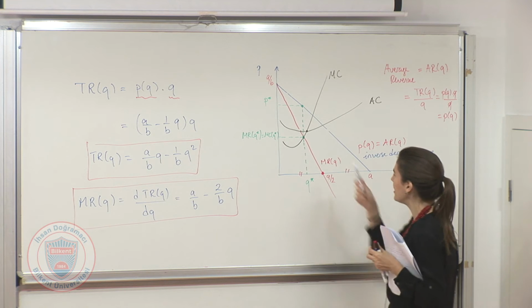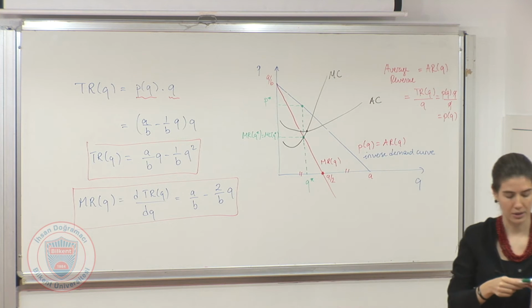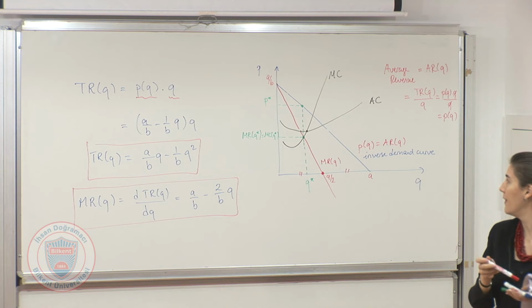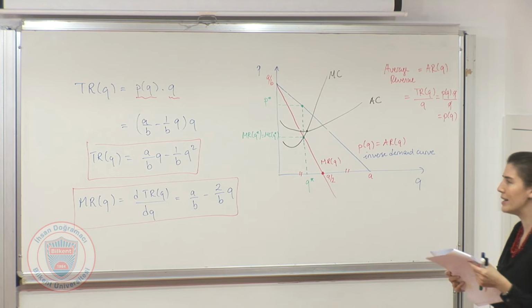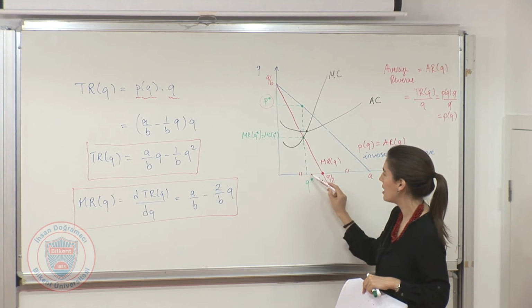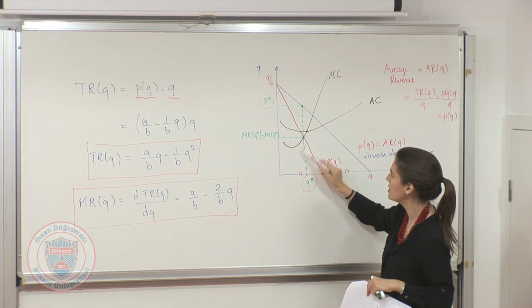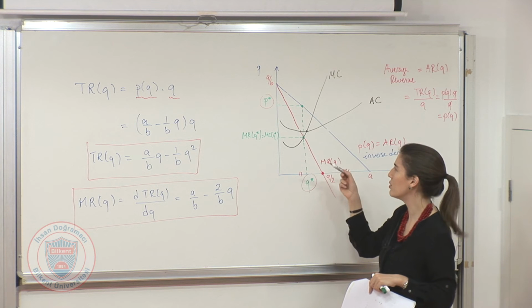Then, here, I can show my profit as well. How can I show that? Profit is total revenue minus total cost. What is total revenue? P star times Q star, so it's just this rectangle. What is my total cost?